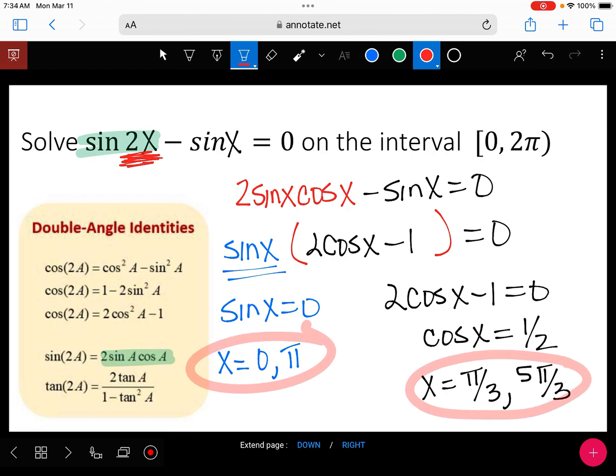All right, so now that we have finished our equations, wait, what did you say? I'm sorry, what are the answers? I said 5 pi over 3. She said 11 pi over 6. Cosine, wait, cosine is positive in quadrants 1 and 4.